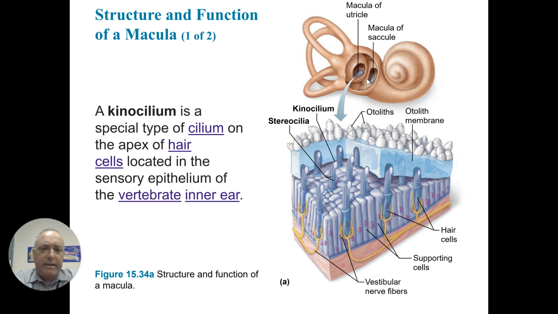Now in these macula are kinocilium. The kinocilium is a special type of cilium on the apex of hair cells located in the sensory epithelium of the inner ear. And there are otoliths that are activated. These hair cells are deflected, and you have activation of your vestibular nerve. And this is how balance is achieved.